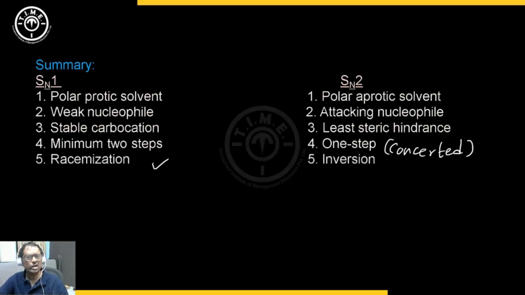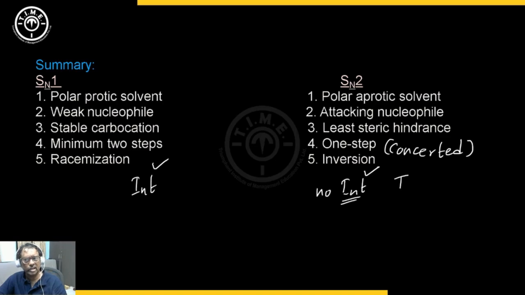We said it is partial racemization, but here it is inversion. Racemization means enantiomers are in almost equal quantities, but here it is inversion of configuration, right? There can be one more point added: we said that there is an intermediate in SN1 and there is no intermediate in SN2.